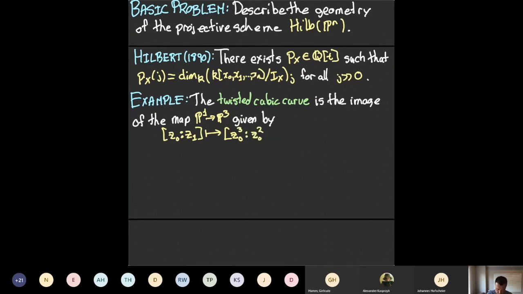So z0 cubed, z0 squared times z1, z0 times z1 squared, and finally z1 cubed.